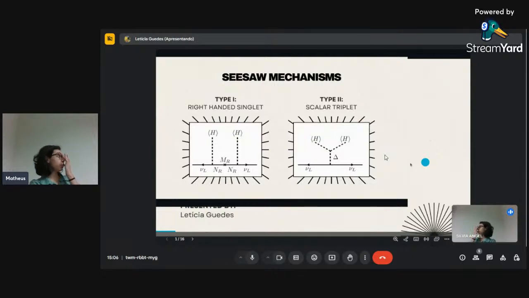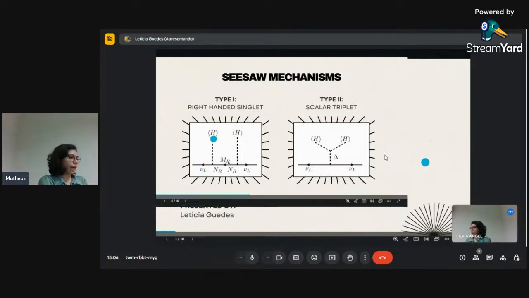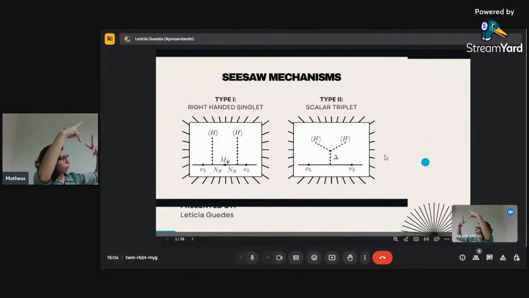Okay, so the differences between the two types of Seesaw. In the type 1 Seesaw, you have a right-handed singlet, that is the right-handed neutrino. This H in brackets is the scalar field, the VEV, I think.